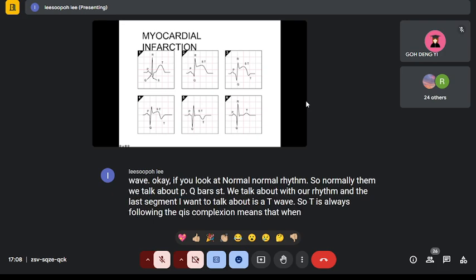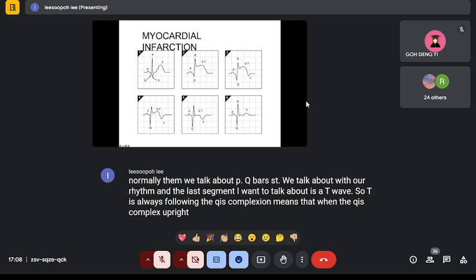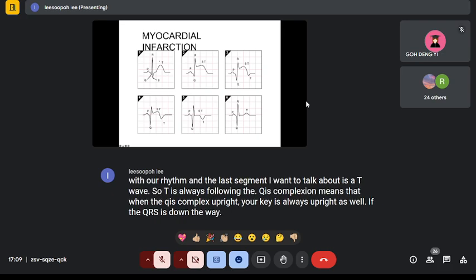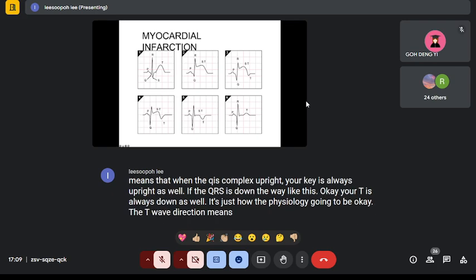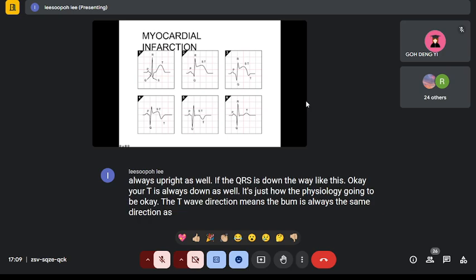That means when the QRS complex is upright, your T is always upright as well. If the QRS is downgoing like this, your T is always down as well. That's just how the physiology is. The T wave direction, the bump, is always the same direction as the QRS bump.